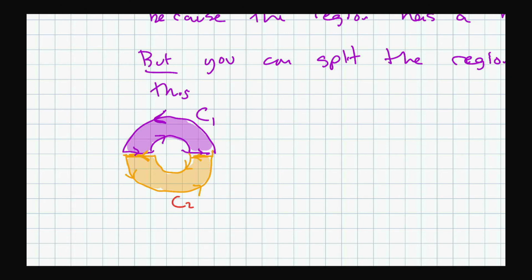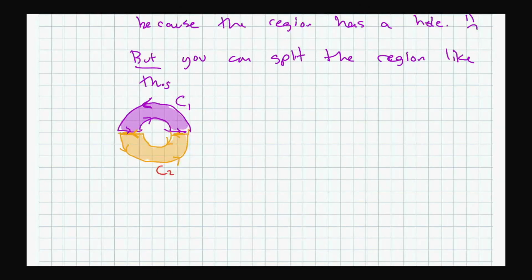I don't like their notation. So you can split the region like this and then apply Green's theorem. That's the idea.